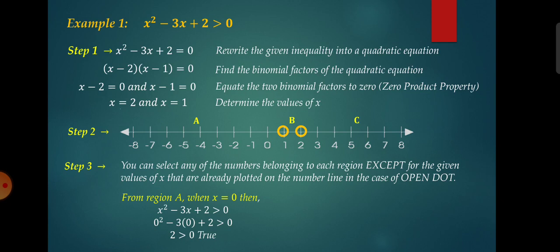So what is 0 squared? 0 times 0 is 0. Minus, what is 3 times 0? It is still 0. So, 0 minus 0 is 0. What remains on the left side of the inequality is 2. So 2 greater than 0, which is true.